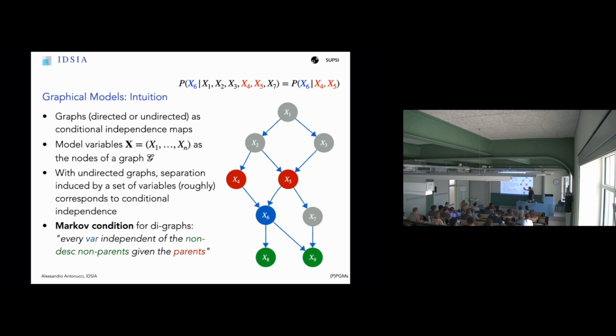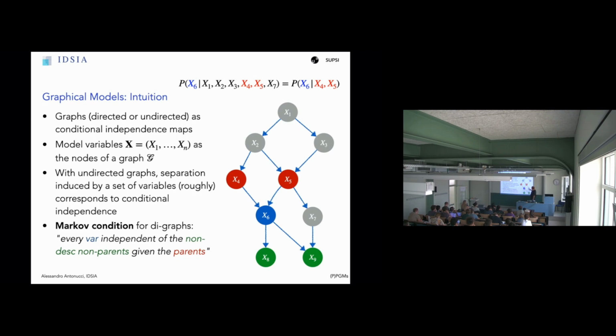So my variable x6 is independent of the non-descendants, non-parents. For instance, x7 is not a descendant and is not a parent. x2 is not a parent and is not a descendant. You see? So what I want to tell you is that given the parents, given x4 and x5, this variable is, for instance, conditionally independent of x7.